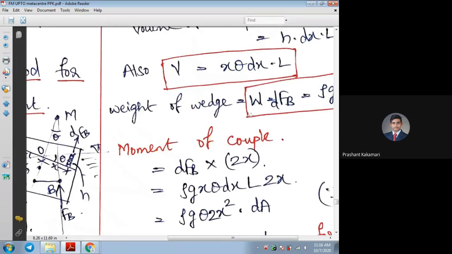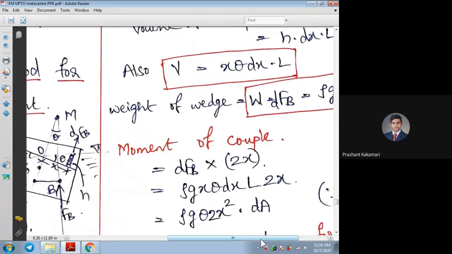That we are taking as extra weight added on the right side. Because it is floating, the weight of that body should exactly match the buoyancy force. So the weight of this small strip should be balanced by that small extra buoyancy force also. So we are taking W equal to dFB.